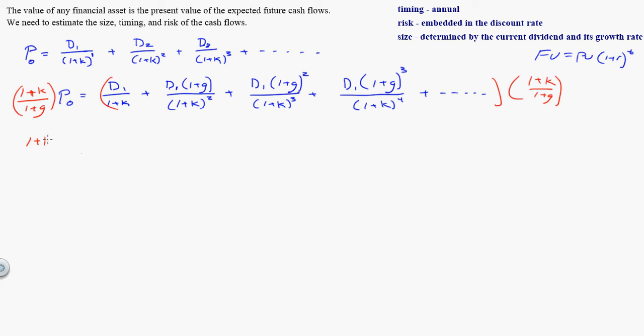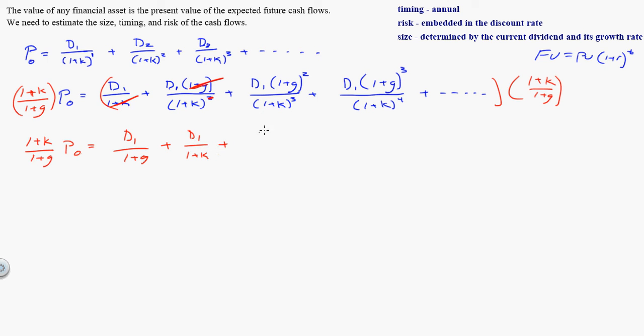Well, 1 plus K divided by 1 plus G times P0 equals, if I take this 1 plus K, the one on the bottom goes away, so I have D1, and I keep the 1 plus G. And what about the second one here? This D1 times 1 plus G goes away. 1 plus K, that's on the first, so I have D1 over 1 plus K.